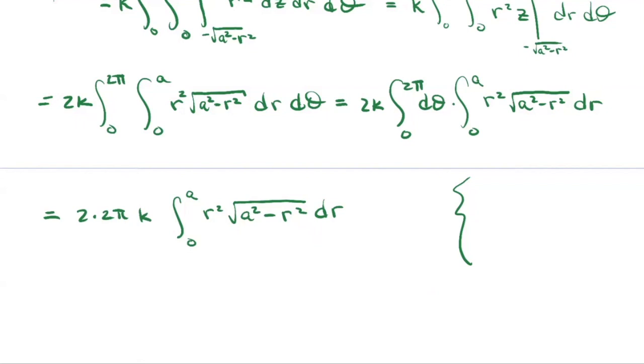So you could say that r could be a cos t. So a squared minus r squared would be a squared minus a squared cos squared t, which when you factor it, you're going to get an a squared sine squared t, like that.